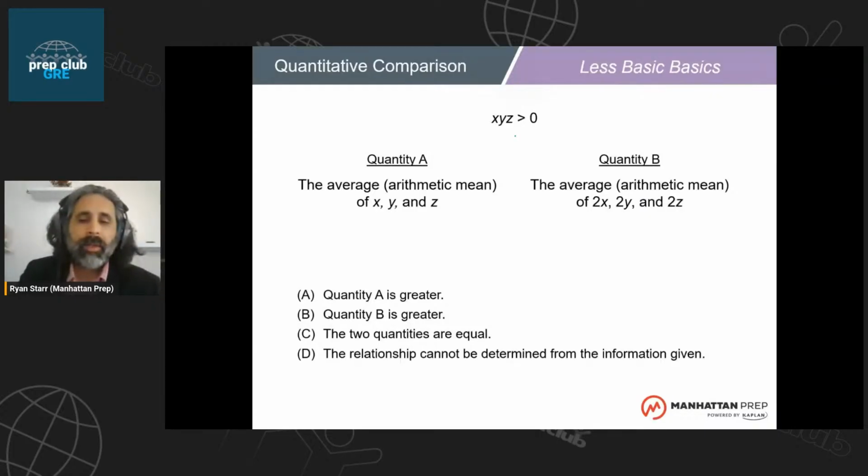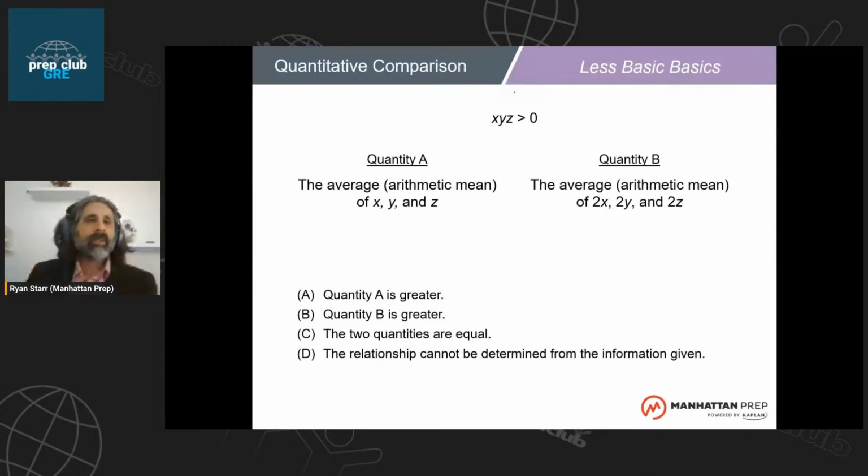Now, another thing that's going to play out in a lot of quantitative comparison problems, and it's kind of on display here. There are going to be a lot of cases in which a quantitative comparison problem on its surface looks like it's pretty clearly going to go one way. All right. And this is one of the major factors that contribute to quantitative comparison being such a ninja problem type, right?